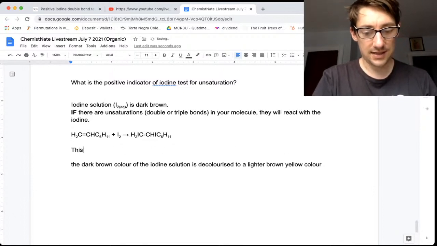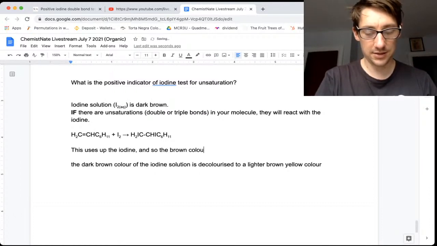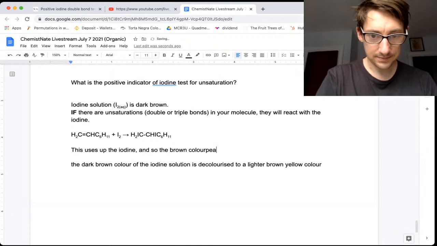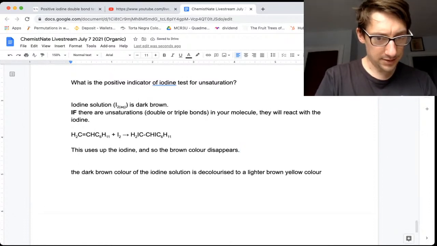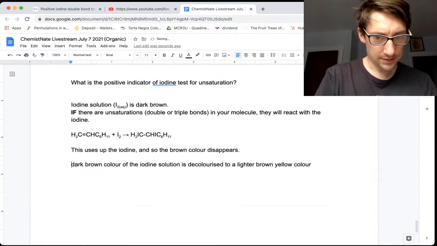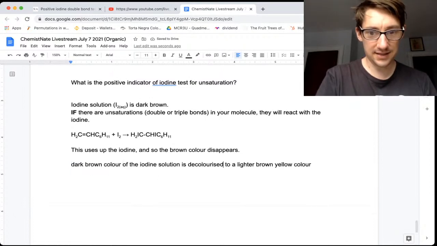This uses up the iodine, and so the brown color disappears. Therefore, the dark brown color of the iodine solution is decolorized.